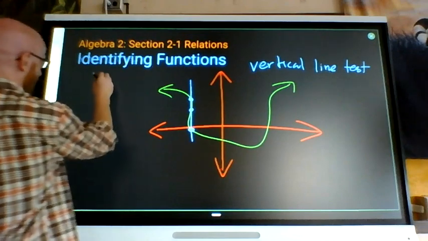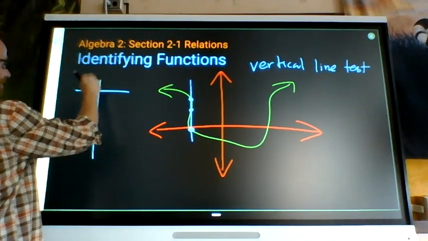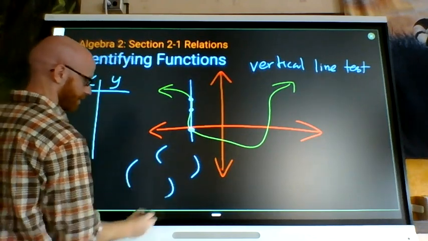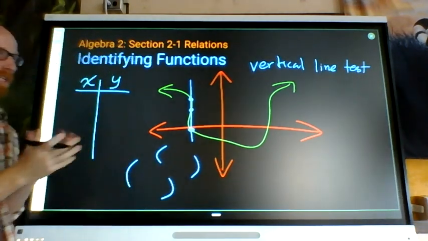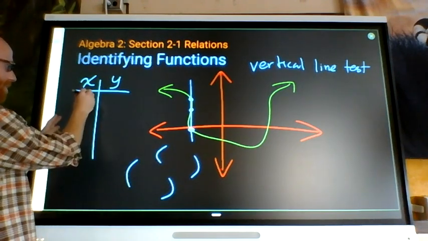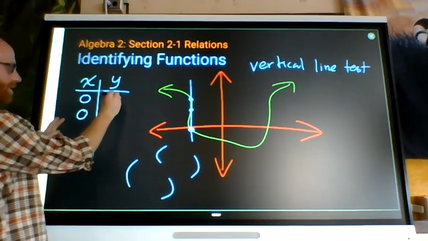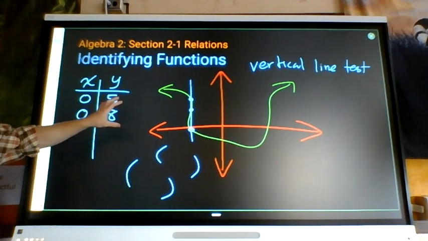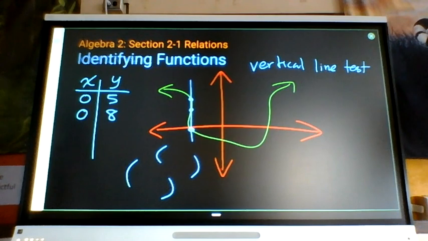Same kind of thing if I have a table or if I have ordered pairs. I'm looking for the same number in my input going to 2 different numbers in my output, or 2 different values in my output.